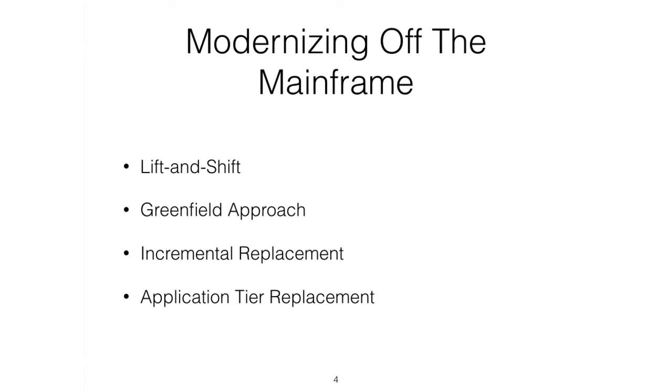The last approach is application tier replacement. What this approach does is offload certain aspects of your z/OS processing. If you pick a particular batch process, for instance, you replace that batch process by running the same workload in a distributed environment.